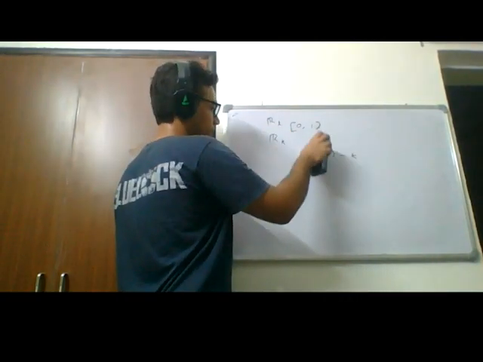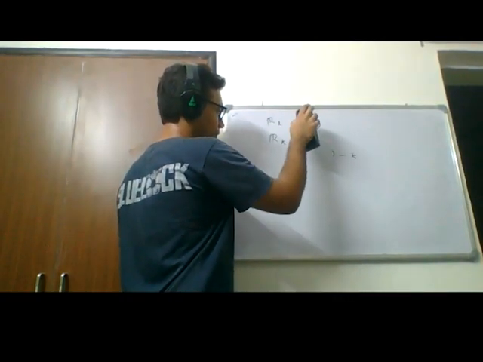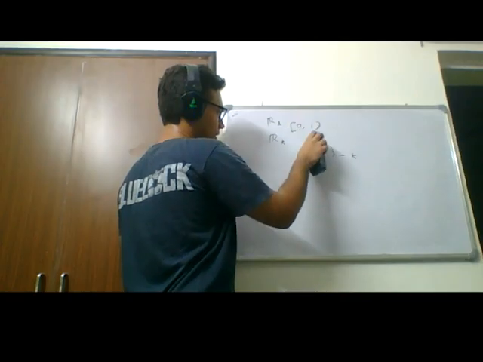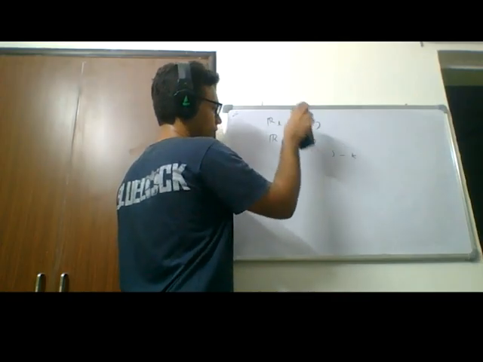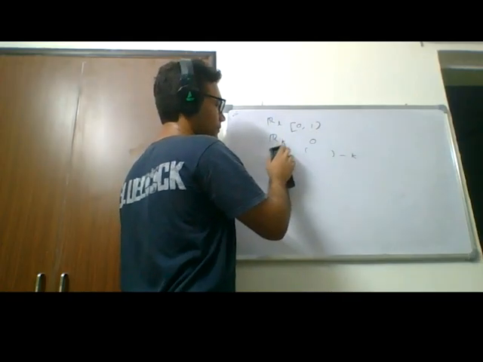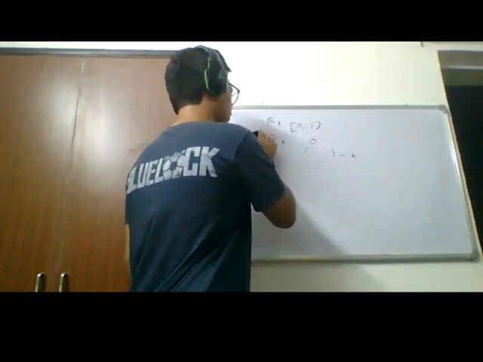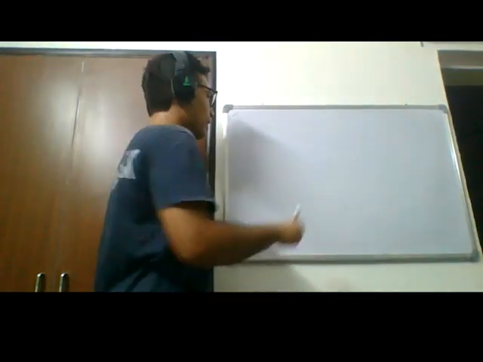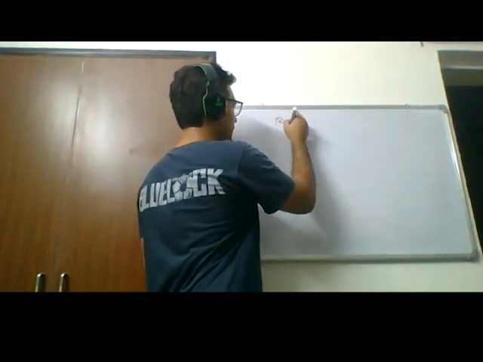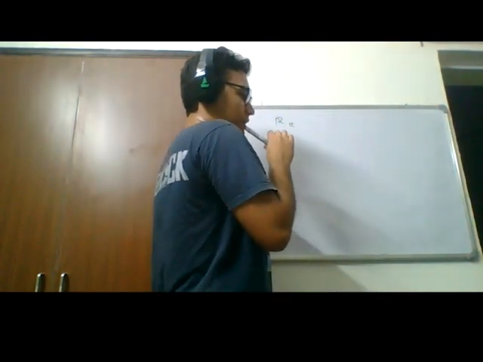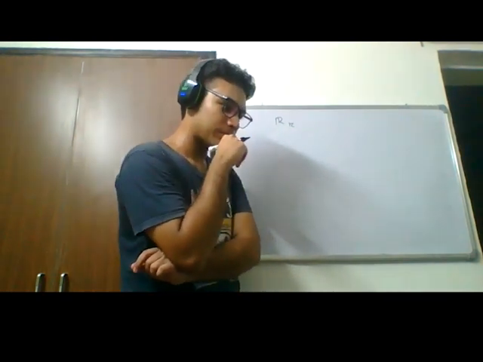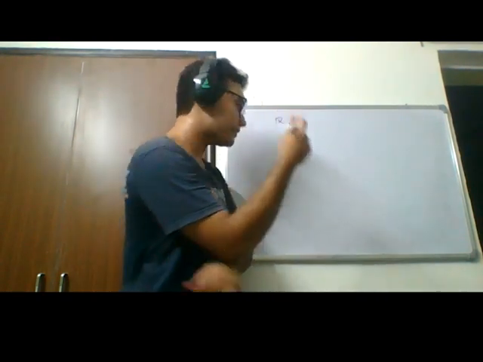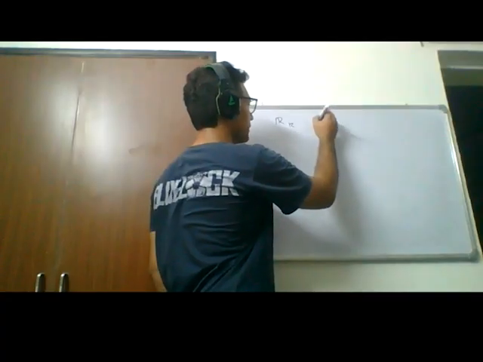So what does that mean? That means from this we've proven that R_L is not finer than R_K. Now we have to show that R_K is not finer than R_L. And that's how we show two things are not comparable. So for R_K, what should we consider? Yeah, let's go with that one only.